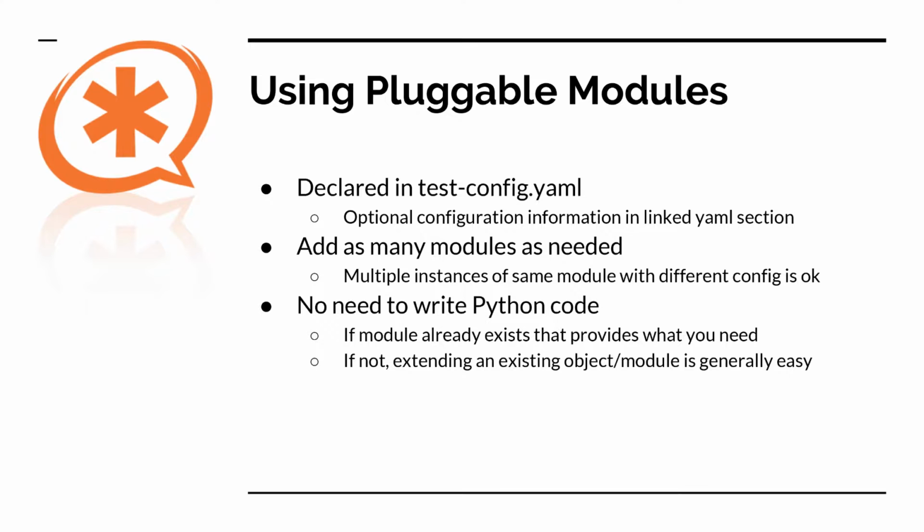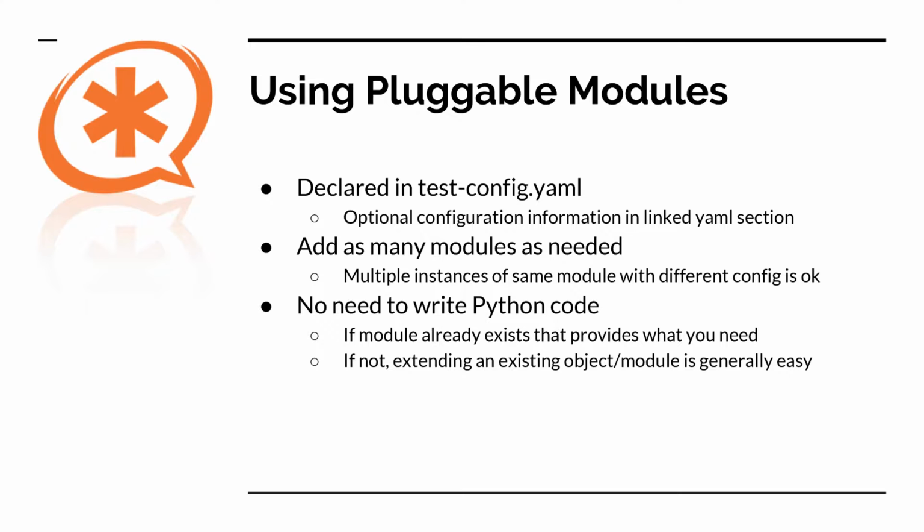You can even create multiple instances. So I can have one instance that's checking these things and one instance of the same module that's checking these things with 2 separate configurations. There's no need to write Python code for that if we already have the module. And usually, even if there is a need to put a little bit of code into something, it's usually easy to extend that very easily in Python to add extra capabilities.